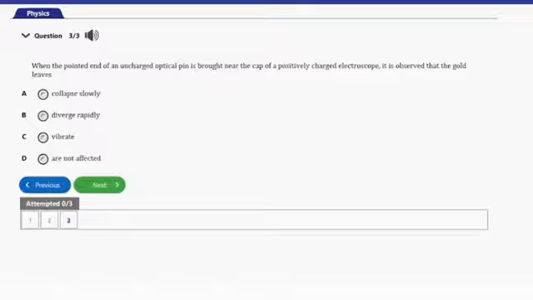So when the pointed end of an uncharged optical pin is brought near the cap of a positively charged electroscope, the gold leaves will collapse slowly, and that's option A.